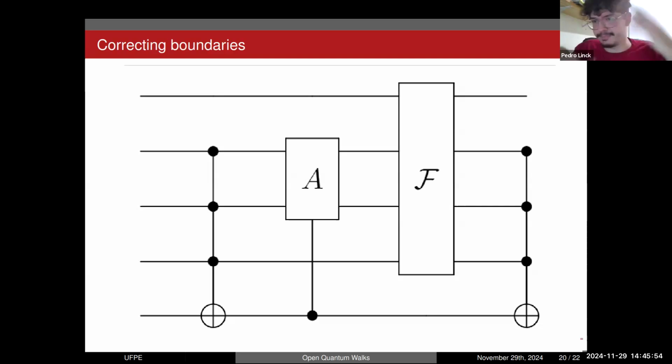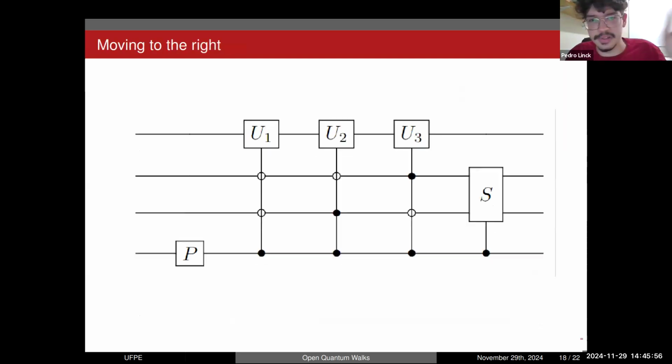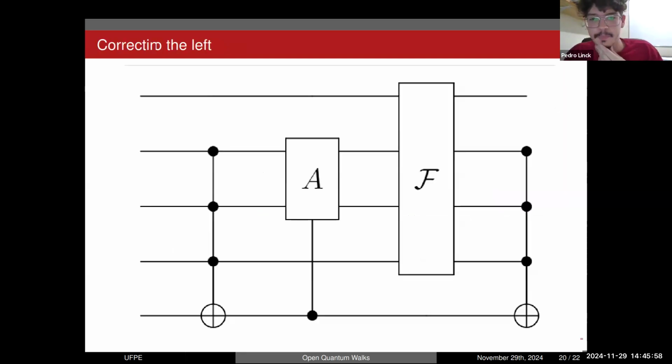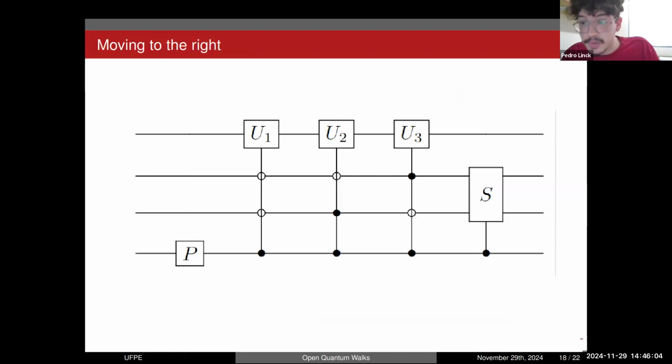This F is this moving to the right, for example. And when you do this, you are going to apply the successor to this antecessor. So you are going to cancel the term that was going to go to 0. You are making it go to n minus 1 and then move again to n. So we corrected this.